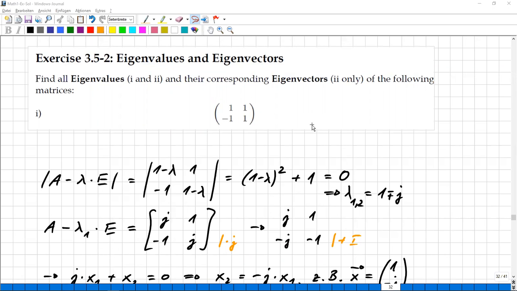But mathematically, if we allow for complex values, you could say that the formal prerequisites, the formal conditions for an eigenvalue to be valid and also a corresponding eigenvector are fulfilled.